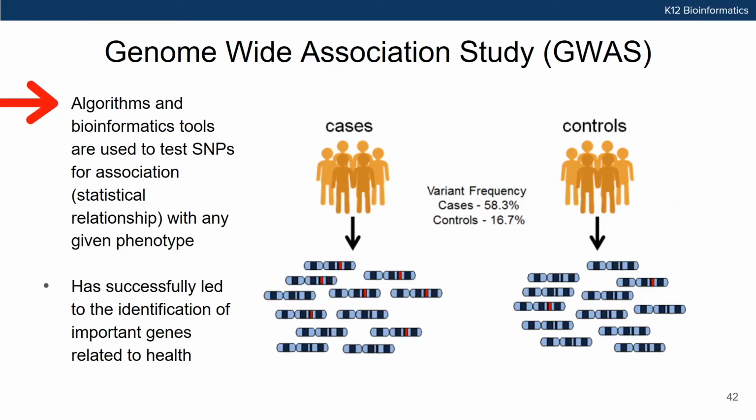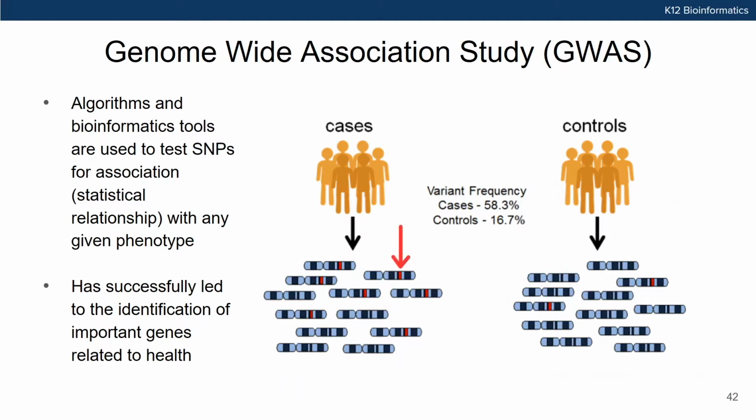We then use algorithms and bioinformatic tools to test SNPs for what's called association, or some sort of statistical relationship with our phenotype of interest. What we're essentially looking for is the increased prevalence of a particular version of one of those SNPs in a large population of cases and controls.